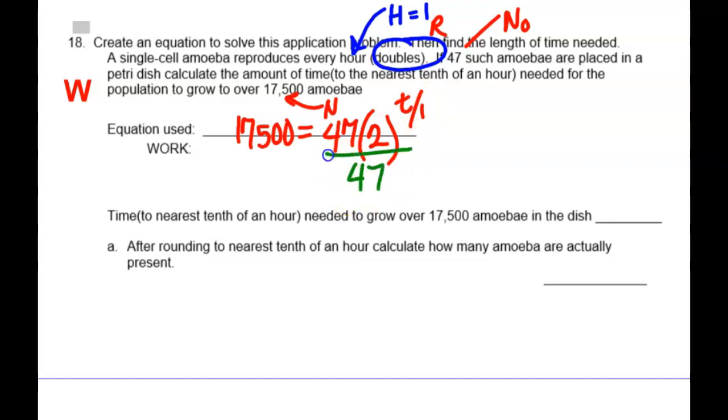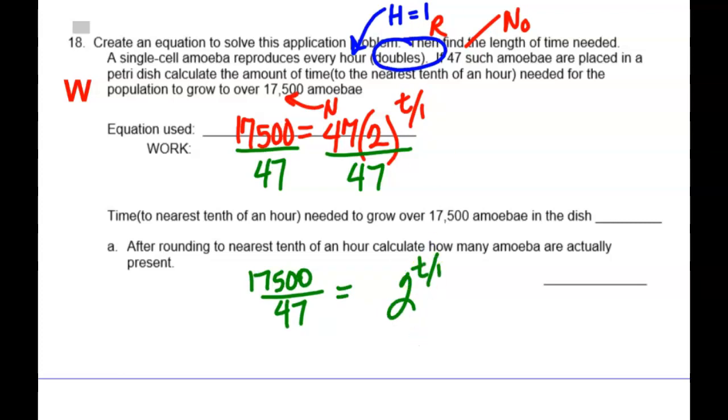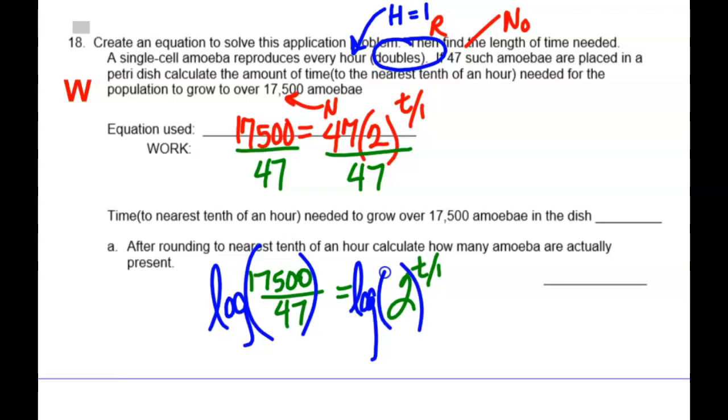You have to divide first. This is not going to come out nice, so just leave it. Then you have 17,500 over 47 equals 2 to some exponent. Because t is in the exponent, you have to take the log of both sides. It doesn't matter which kind you use. There's no encouragement here to use ln because there's not an e in the question. That will bring the exponent out in front.